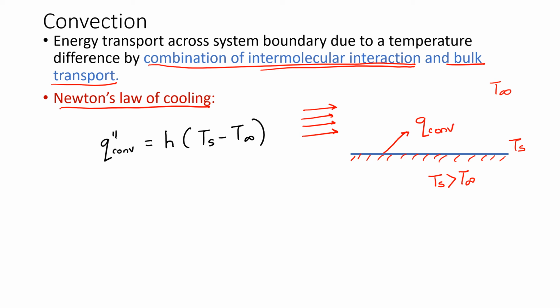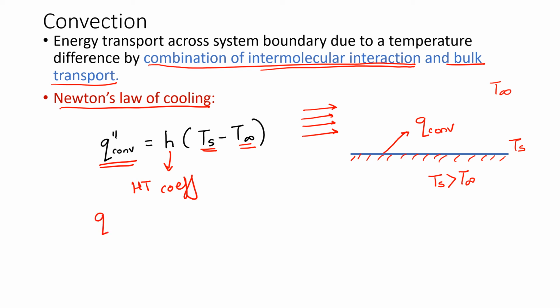And in that case, your convective heat flux, or the heat flux due to convection, will be h, which is the heat transfer coefficient, times Ts, that's the surface temperature, minus T infinity, which is the temperature of the surrounding.